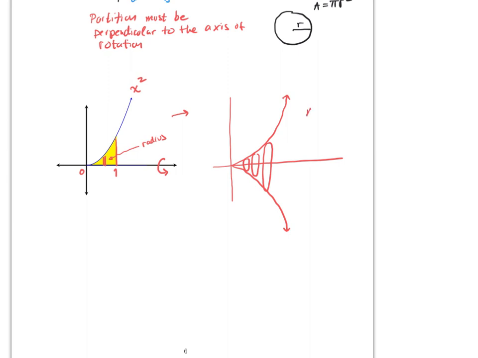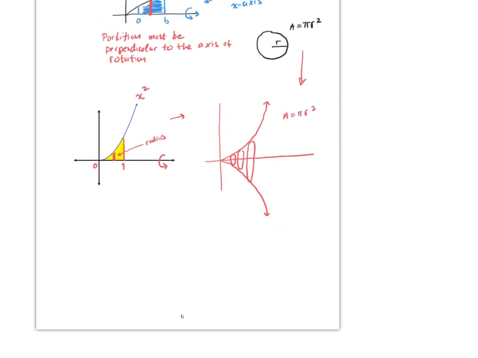So therefore, remember that the area is equal to pi r squared. If you were going to add all the areas, it's going to give you the volume. So the definition is going to be the following. The volume will be the limit as n goes to infinity of the summation of all the areas times delta x.